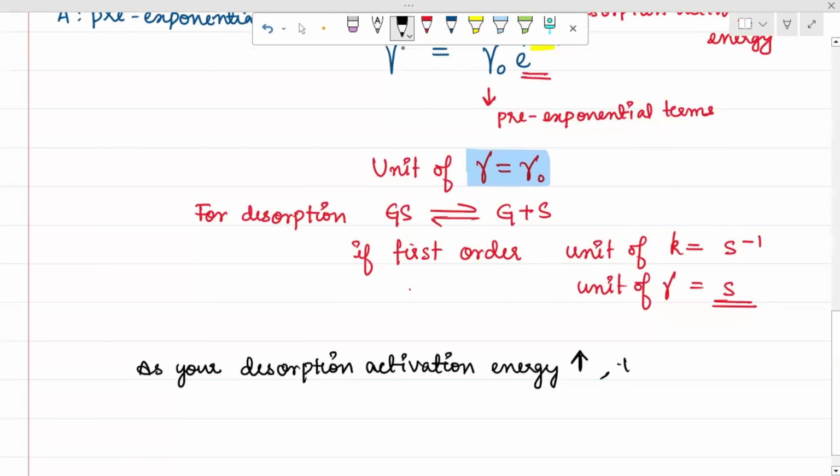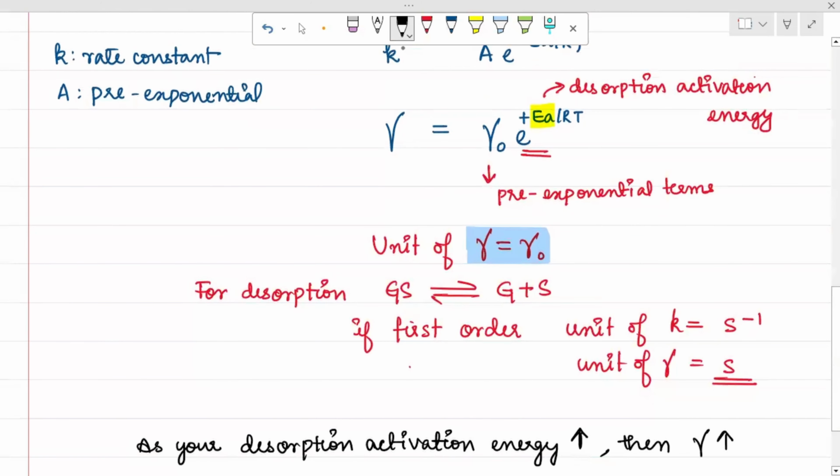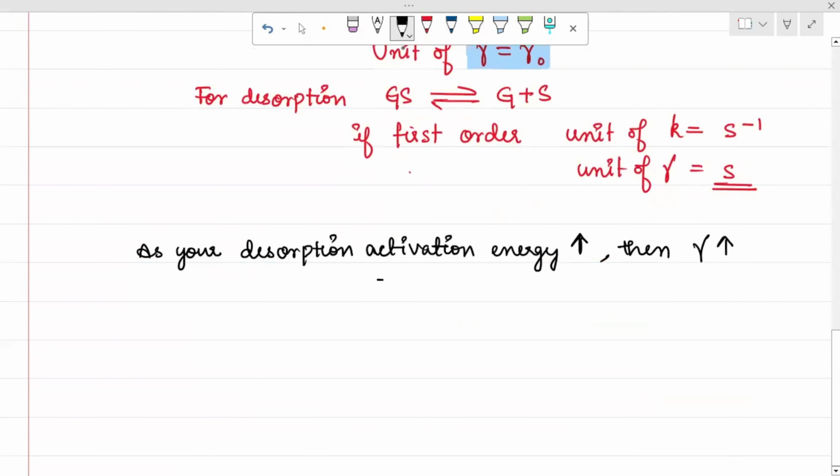Then the value of gamma will also be high. Why? Because if EA is high, this is EA, correct? If the desorption activation energy is high, e to the power EA by RT will also be high. And we know that this is directly proportional to gamma. That is also going to be high.